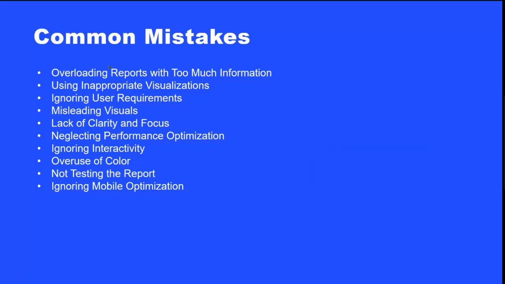And there is something called ignoring mobile optimization, where I just mentioned that you must make it mobile friendly also. And you should not overcomplicate the data model, because this would lead to wrong results in the visual output. And skipping documentation.